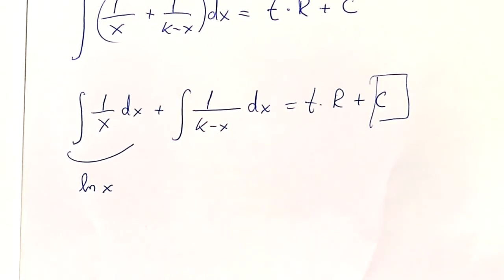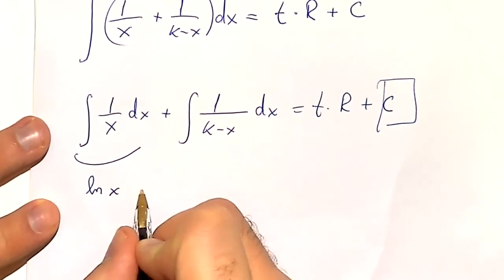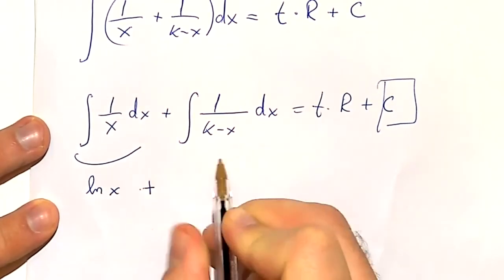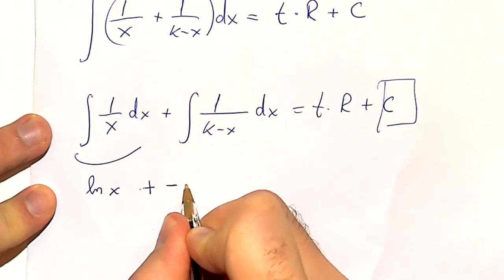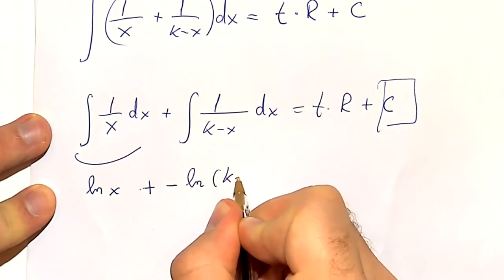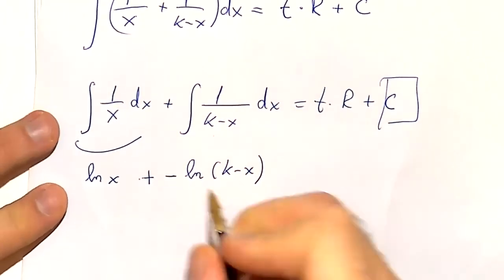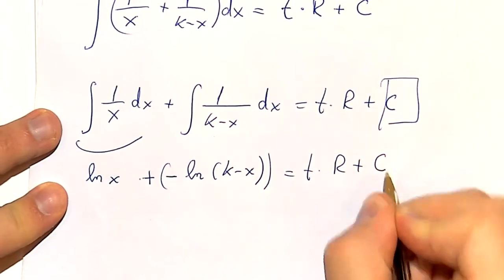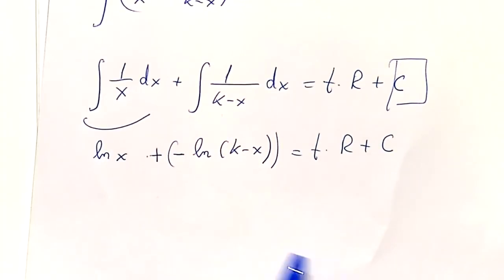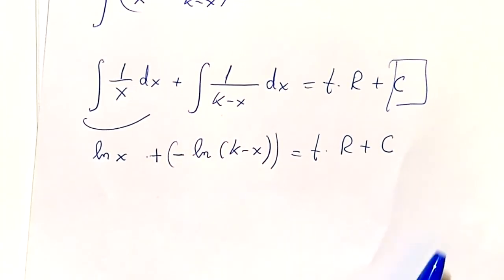So I'm just going to write the antiderivative, which is log of x plus, what is the antiderivative of this? Again, I think there's a formula in the book. It's minus log of k minus x, okay, is equal to tr plus a constant. Again, I did not write the constants anymore because I have a constant on the right, and it's going to be exactly the same thing.